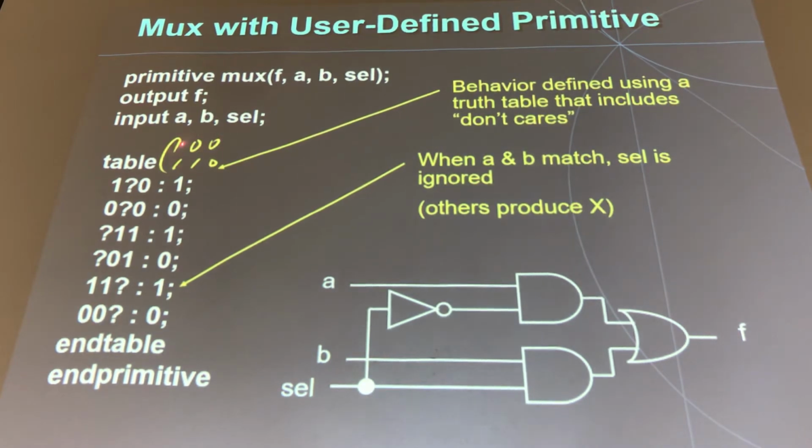Here A is 1, so the output has to be 1 if cell is 0. Alright? And this means that 0, 0, 0, you get 0 in the output. 0, 1, 0, you get 0 in the output. So this describes the pattern for the input.